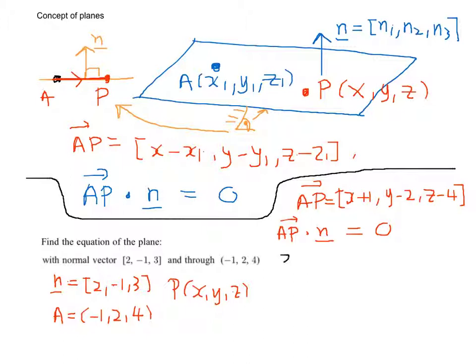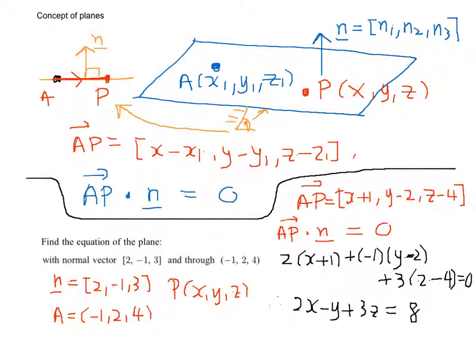You will have 2 from the vector n times x plus 1, plus negative 1 times y minus 2, plus 3 times z minus 4, and all this is equal to 0. Once you simplify this, collecting the constant terms, you then get this equation, which is the equation of the plane in the problem we just tackled.